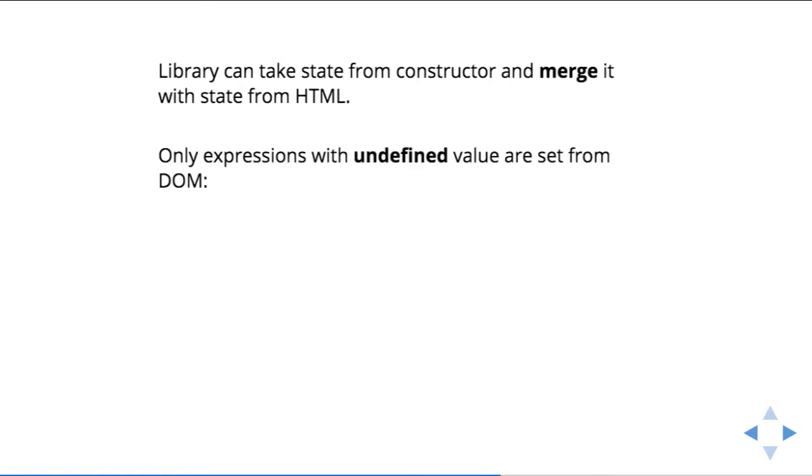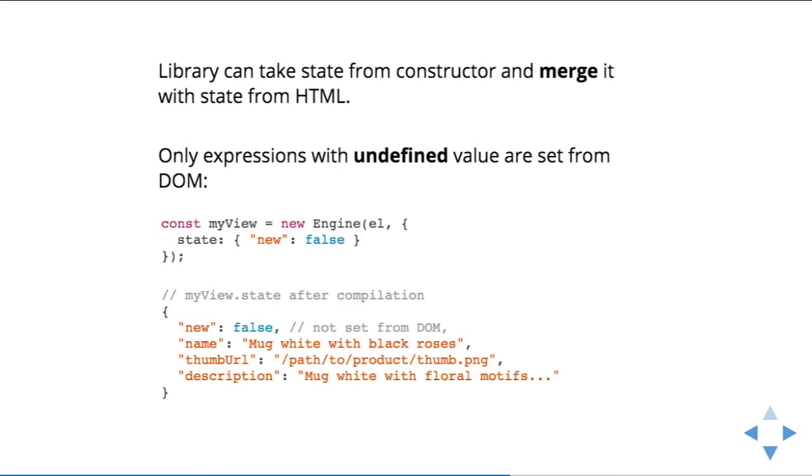And only expressions with undefined value are set from the DOM. I think it might be a little confusing for you for now, but I'm telling you this because of the nature of expression. It's created for setting the value only when we don't already have it in our state.